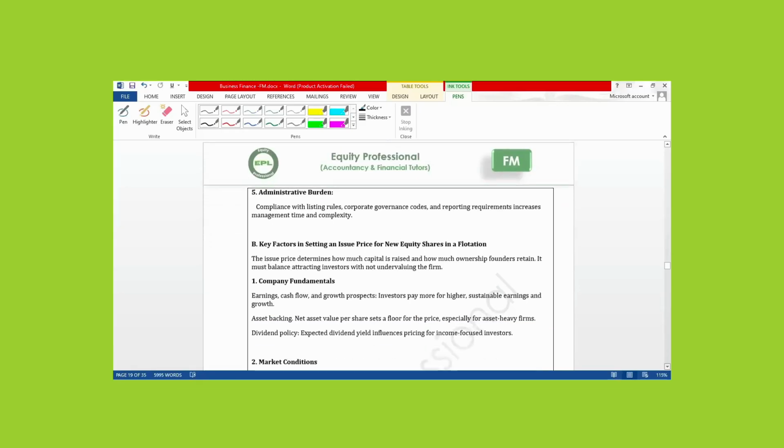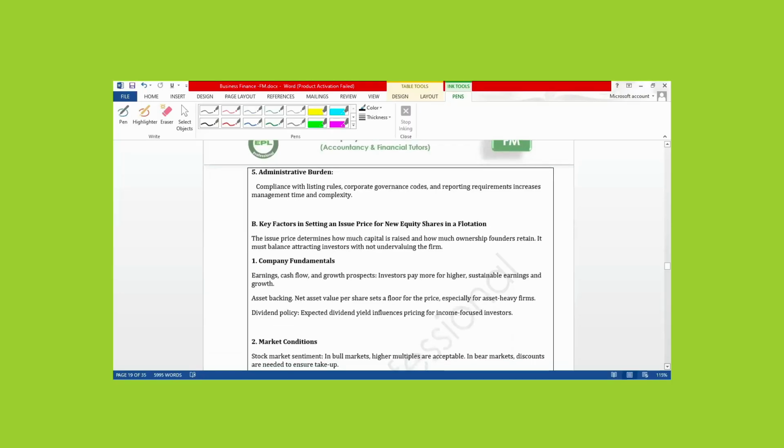1, company's fundamentals. What are these fundamentals? Earnings. Company's earnings. Cash flow. Growth prospects.